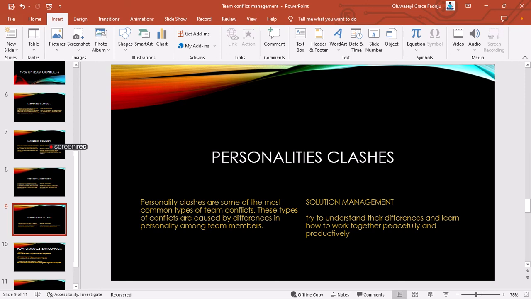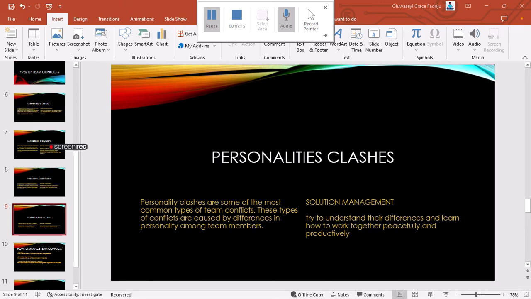So personality is one of the most common types of conflict here because people are different, like I said. Having a way to manage this in a team will help to determine the success of the teamwork. So the solution: try to understand their differences and learn how to work together peacefully and productively.